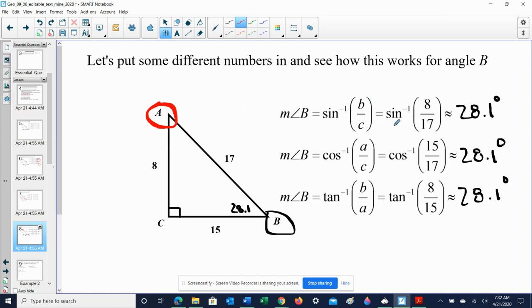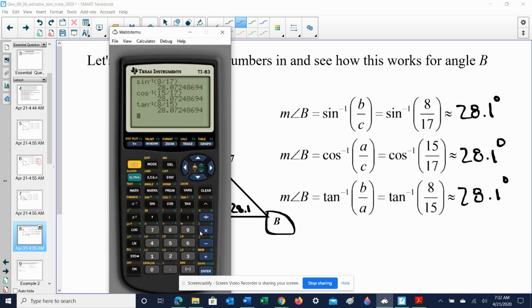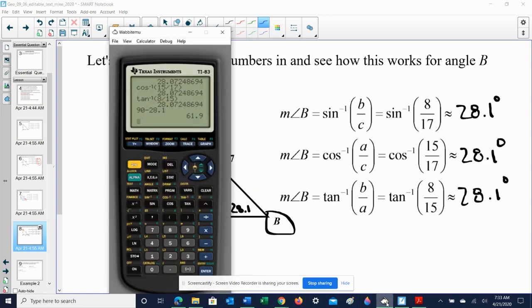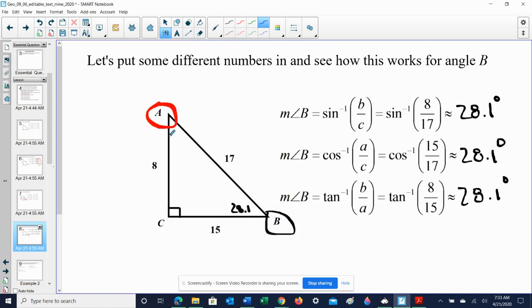Well, I could go back to all my ratios like I did before, but what is 90 minus 28.1? 90 minus 28.1. 61.9 degrees. So if I'm right, this angle here should be, I'm sorry, what did I say it was? 61.9. Ooh. That's because I made it too thick.